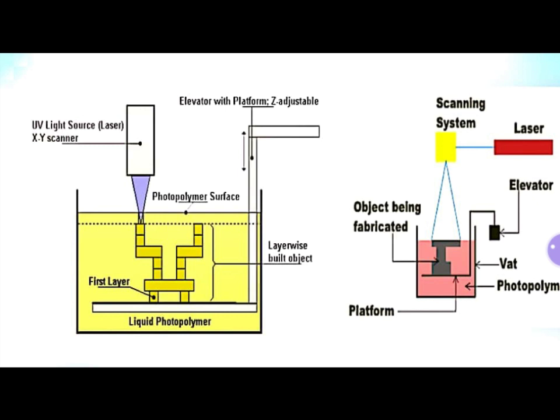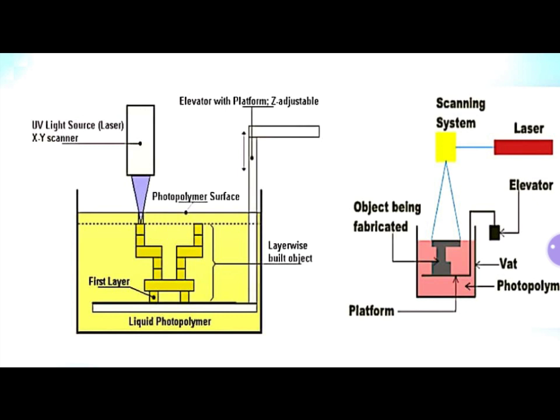So this is how the manufacturing process is carried out. So in this technique, first of all, we are going to use the laser light. So why are we using the laser light?